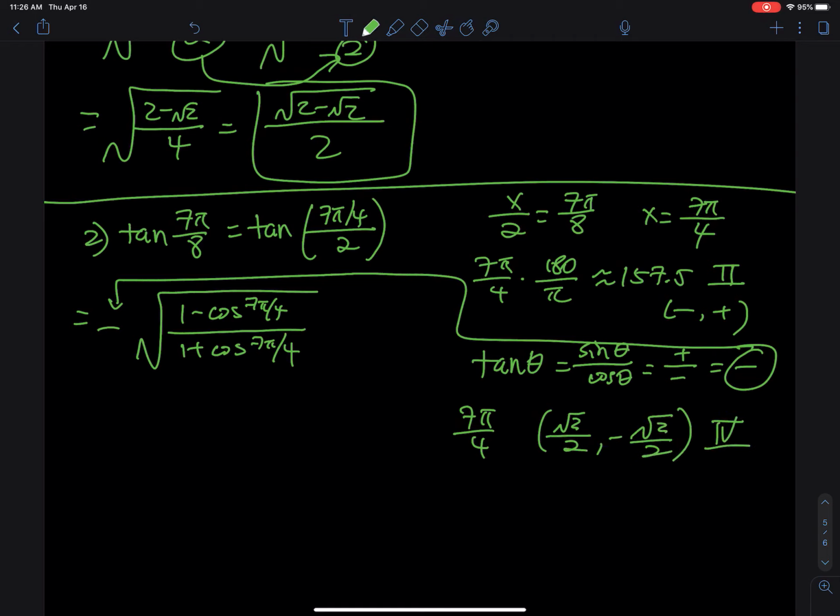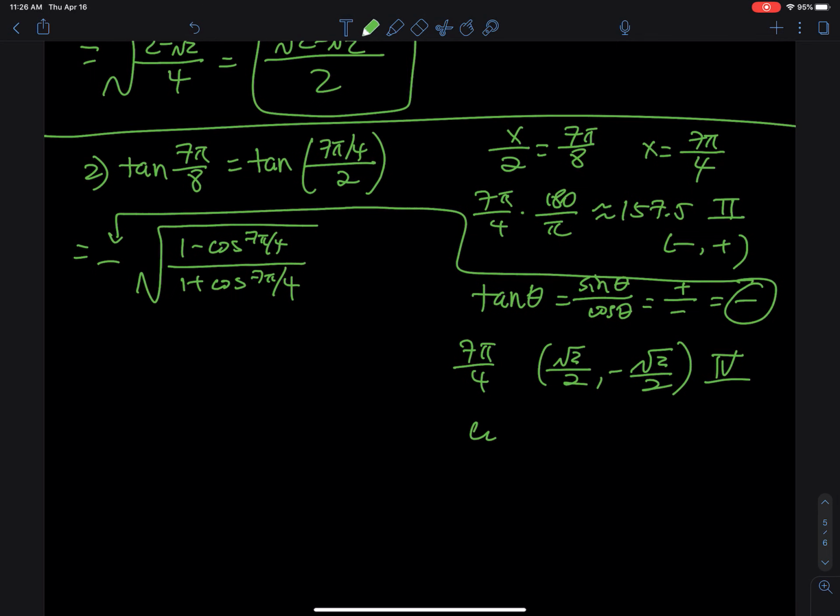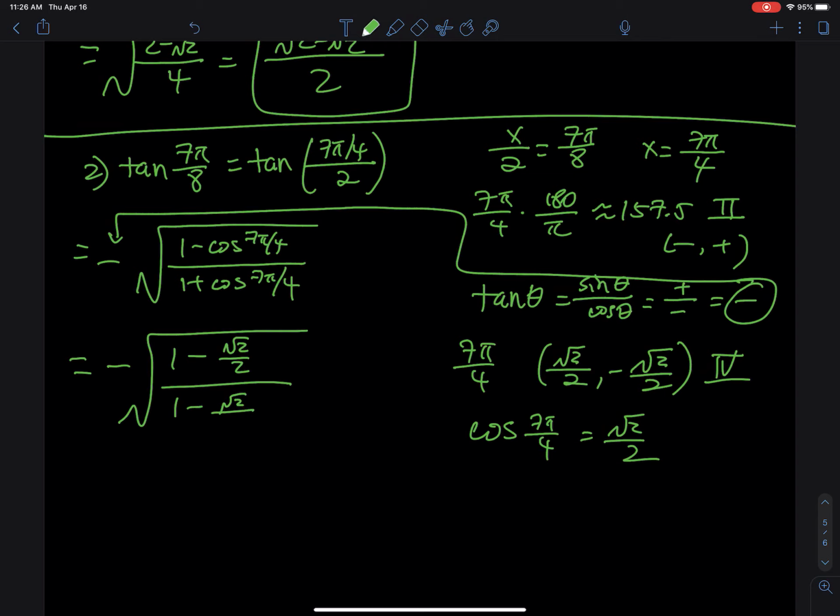This angle measurement is in quadrant 4. So for cosine, we take the x coordinate. And then you plug in: negative square root of 1 minus √2 over 2, over 1 plus √2 over 2.